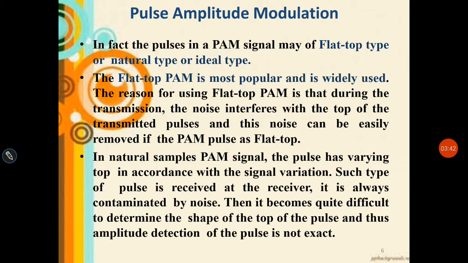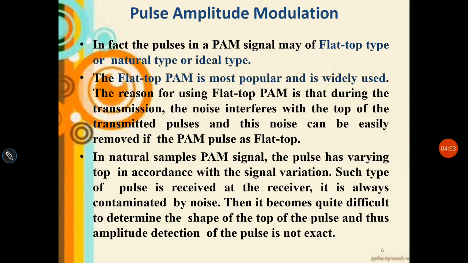Now, pulse amplitude modulation, what is that? In fact, the pulses in a PAM signal may be of flat top type or natural type or ideal type. That means PAM is of two types: one is the flat top type, another is the natural or ideal type.